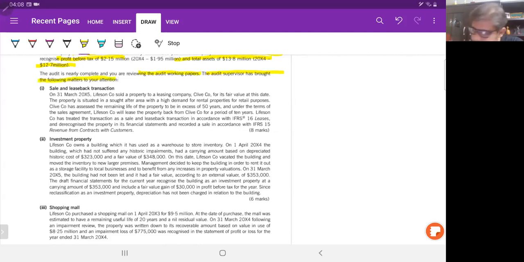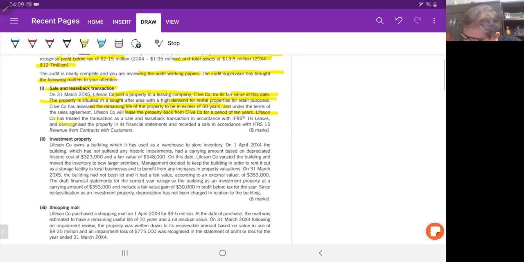Firstly, we will look at the sale and leaseback transaction. On 31st March 2005, Lifeson Company sold a property to a leasing company, Cliveco, for its fair value at this date. The property is situated in a sought after area with a high demand for retail properties. Cliveco assessed the remaining life of the property to be in excess of 50 years, and under the terms of the sales agreement, Lifeson Company will lease the property back from Cliveco for a period of 10 years.